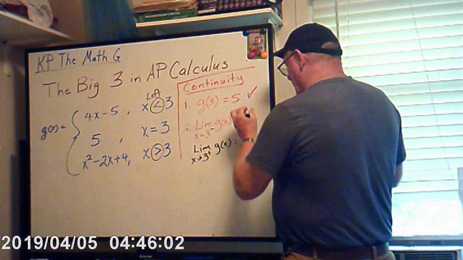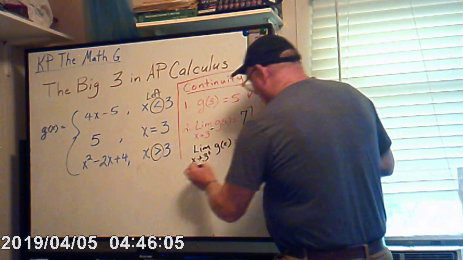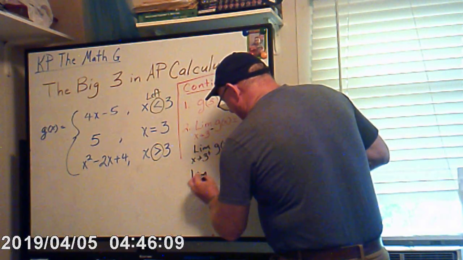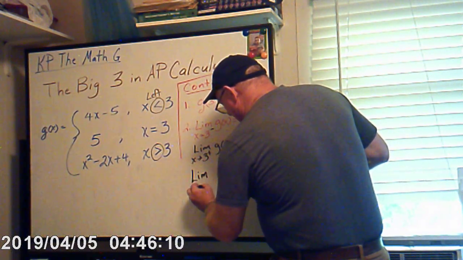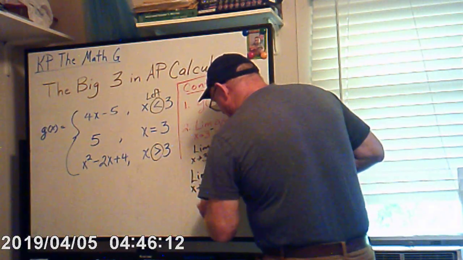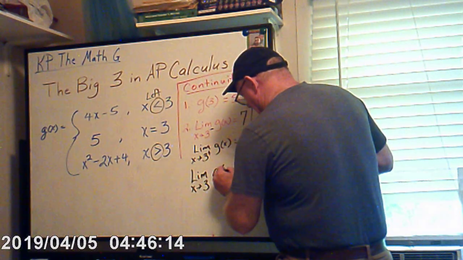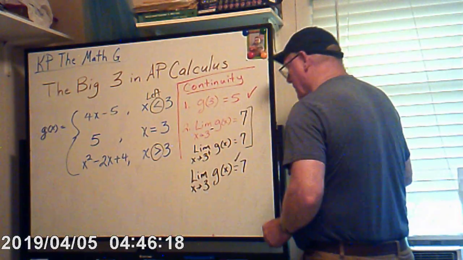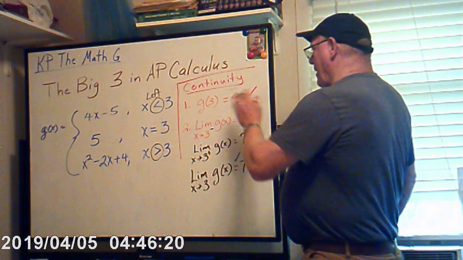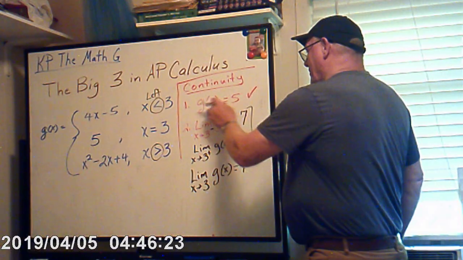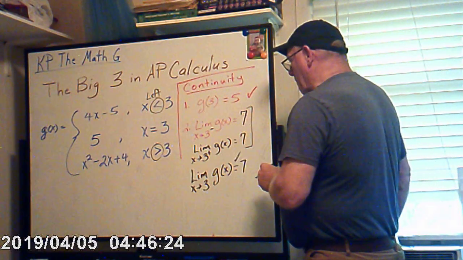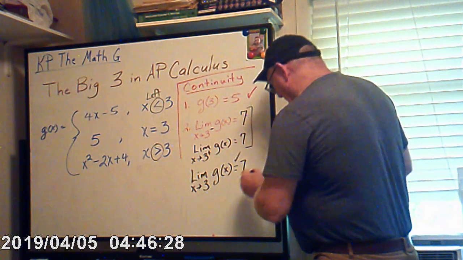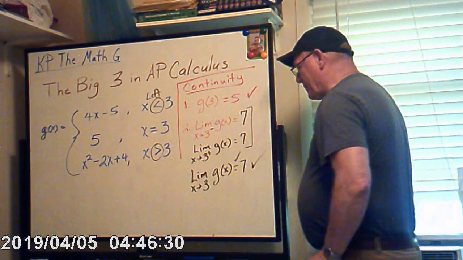So if this is the same, then what we say about the limit without the plus or negative sign, we just simply put a 3 here. Yes, it exists. So we have g at 3 is equal to 5, and the limit exists. So the limit does exist. Check.